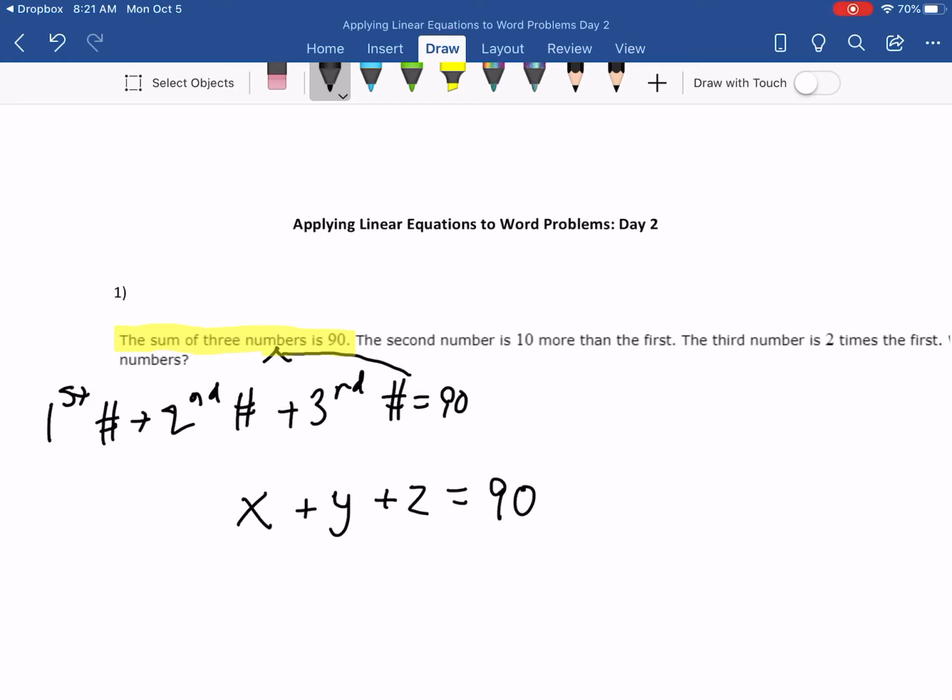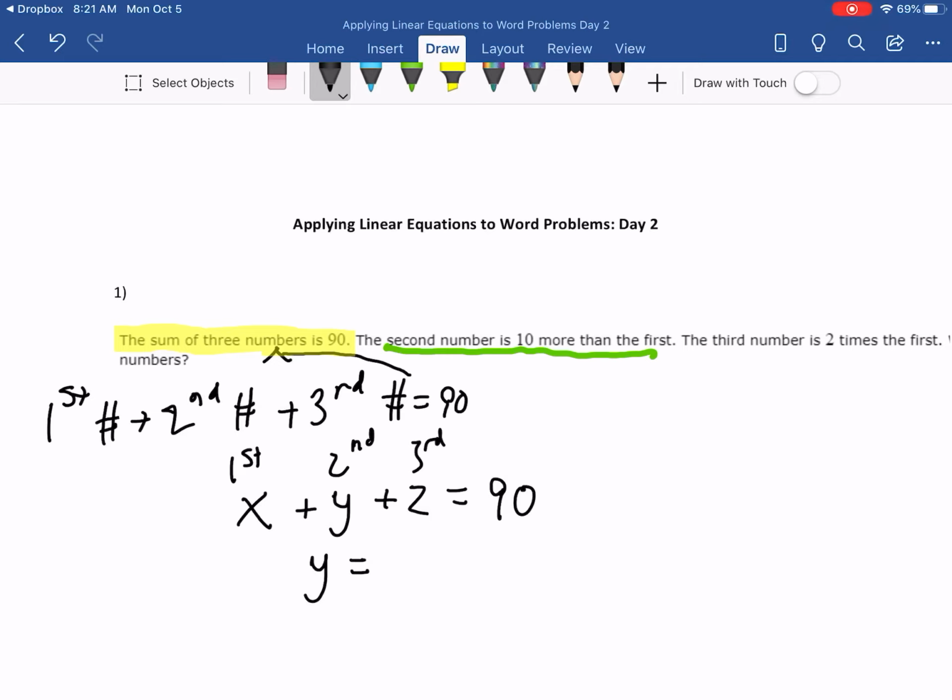Okay. Next sentence. The second number, so that's y, equals 10 more than the first. Remember the first one is x, right? Okay, so the second one is 10 more than first.